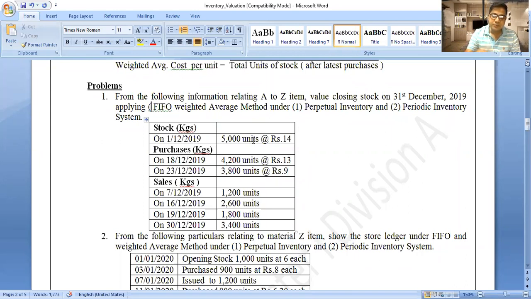After that the next date is 7th December, then 16th, then 18th, then 19th, then 23rd and 30th. We have to follow that order. Now we are going to learn how we will prepare the stock ledger.